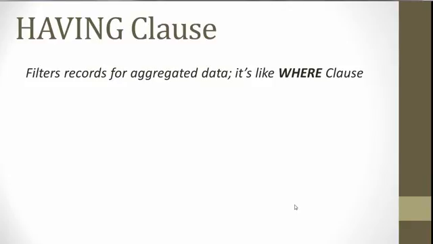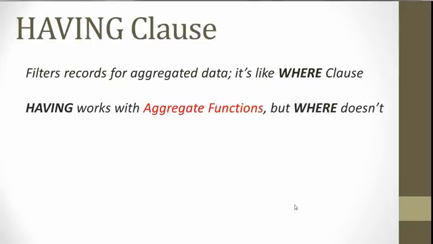Okay. Now let's look at the having clause. What does having do? It actually acts like a where clause, but it mostly works with aggregated data. And it filters records and we can use it with aggregate functions. Let's say for example in a where statement, you cannot say where sum of a column is equal to, or an average of a column is less than.